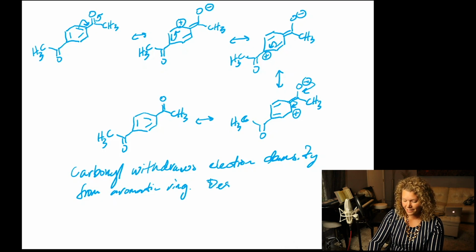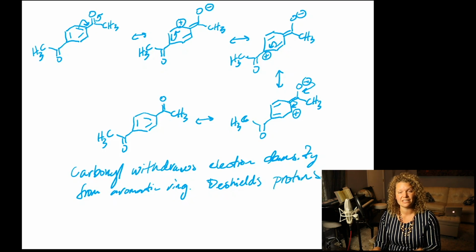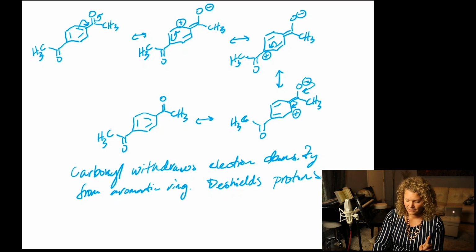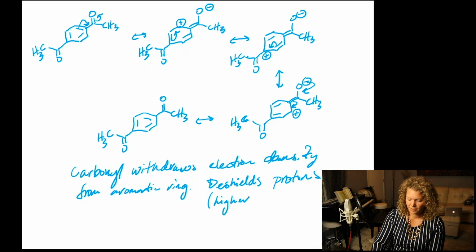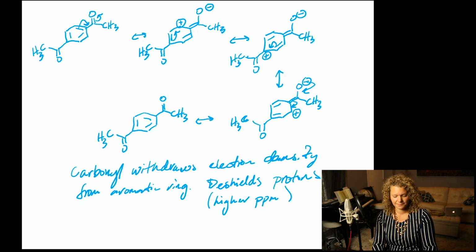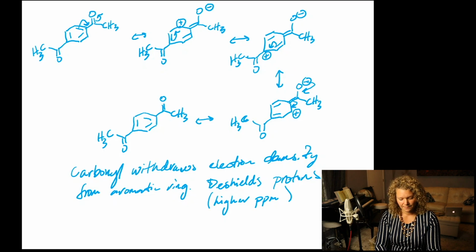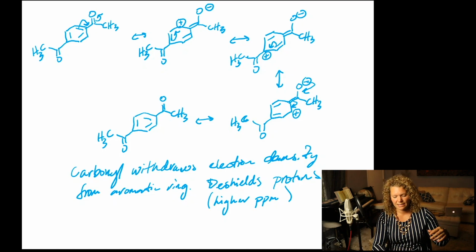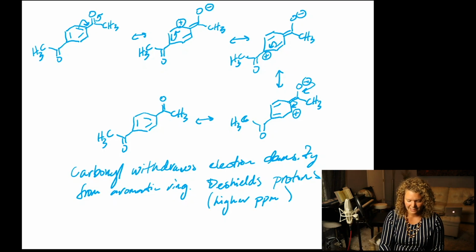So it de-shields these protons. If it de-shields the protons, then it has a higher ppm shift. Hopefully that makes sense. If it doesn't, now would be a good time to pause and go back and listen to this section again.